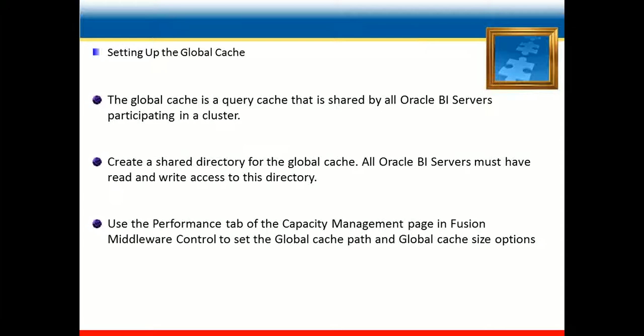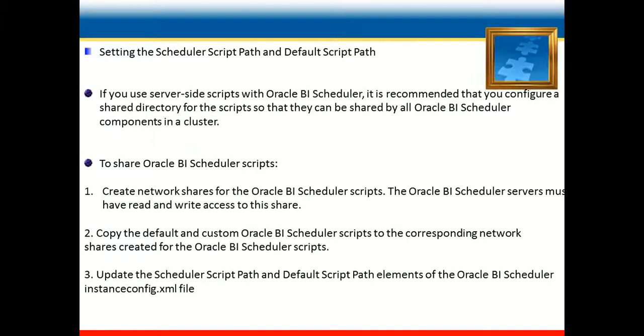The procedure for setting up the global cache is to log in to Fusion Middleware Control and go to the Performance tab. Under the Capacity Management page we can set the global cache path and global cache size options.